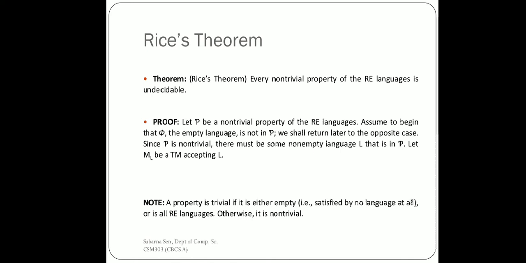We will pick up this non-trivial property in a variable called P, and we will try to map the total thing using a universal Turing machine. So let us directly go to the proof.